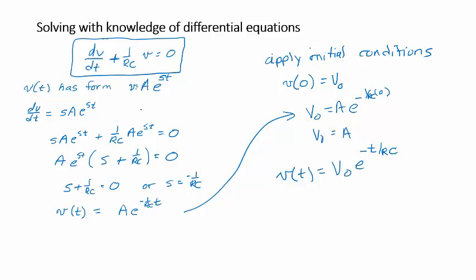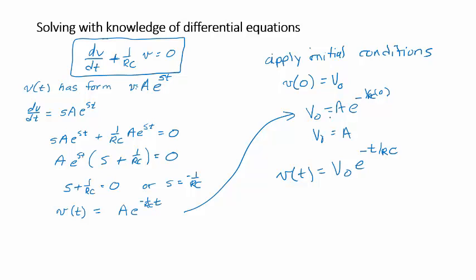So I assumed an exponential function of this form. I don't know a, I don't know s. I substitute it back into the differential equation, solve for my unknowns a and s, and then also apply the initial condition so I can complete the solution.